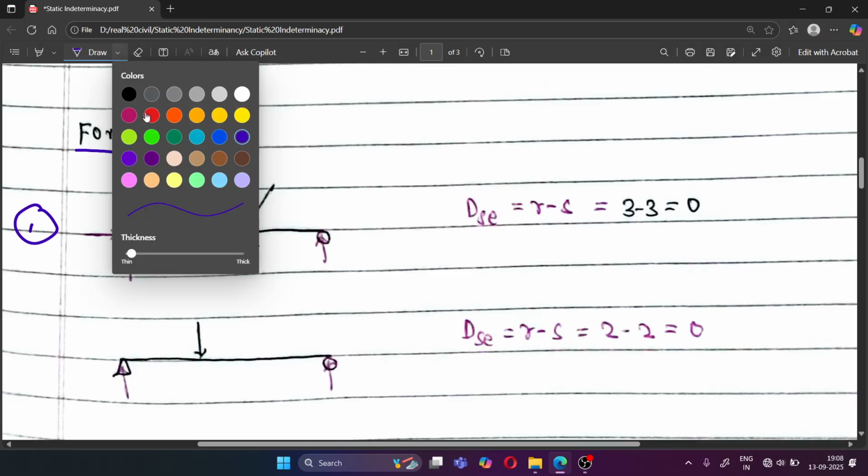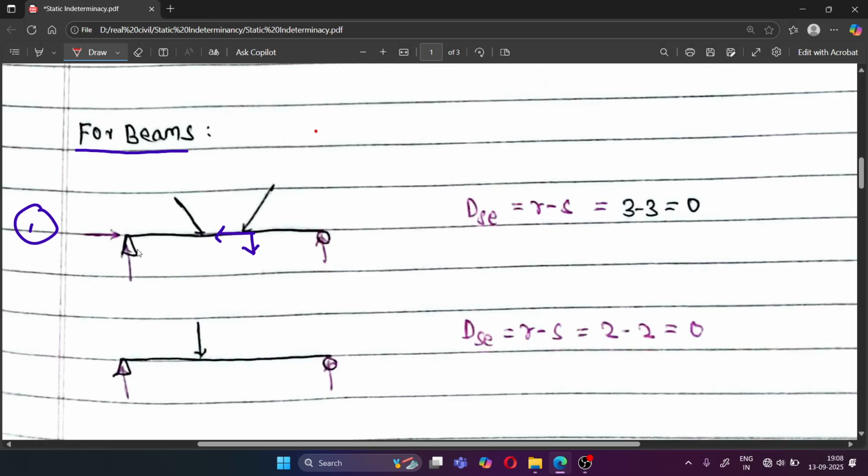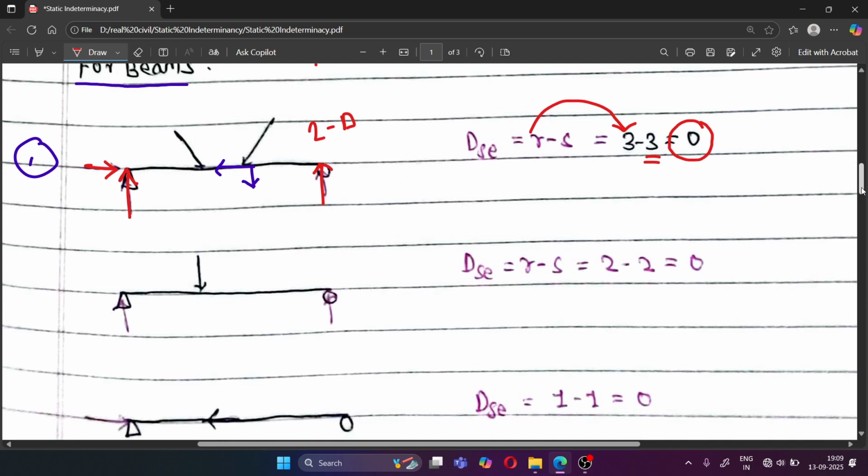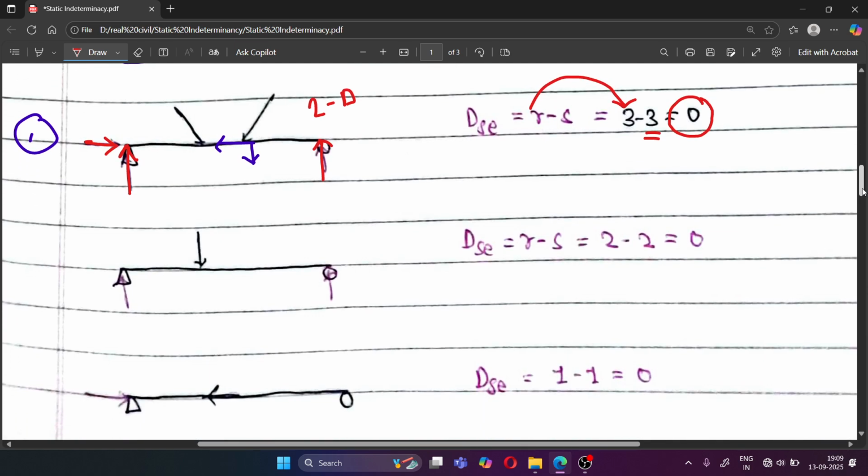That's why the reactions developed at the hinge will be two, vertical as well as horizontal, and at the roller there will be a vertical reaction. So there are three reactions, and as this is a 2D structure, the conditions of equilibrium are three. So external static indeterminacy is equal to 0.